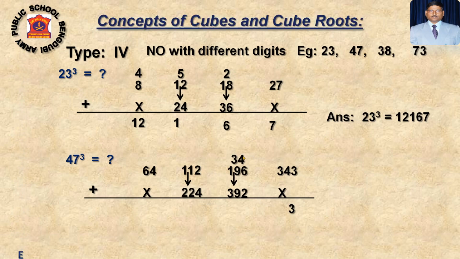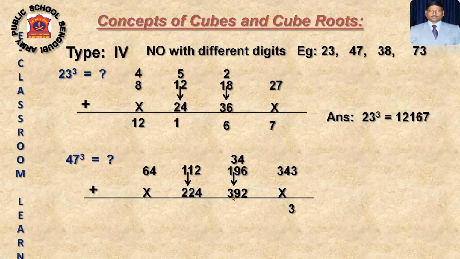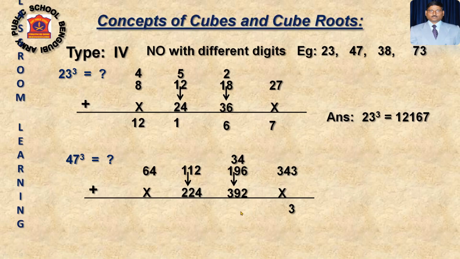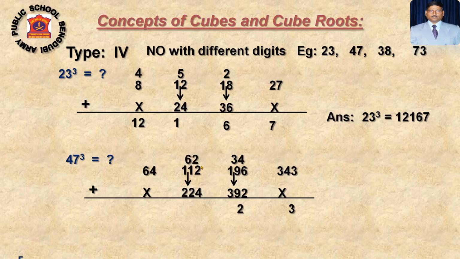Now 43 plus 196 plus 392, if I add together, it will be what? 622. After adding, I will be getting 622. Now 2 will be here, and 62 will be carry forwarded. Now 62 plus 112 plus 224, if I add together, it will be 398. 8 will be here, and 39 will be carry forwarded.